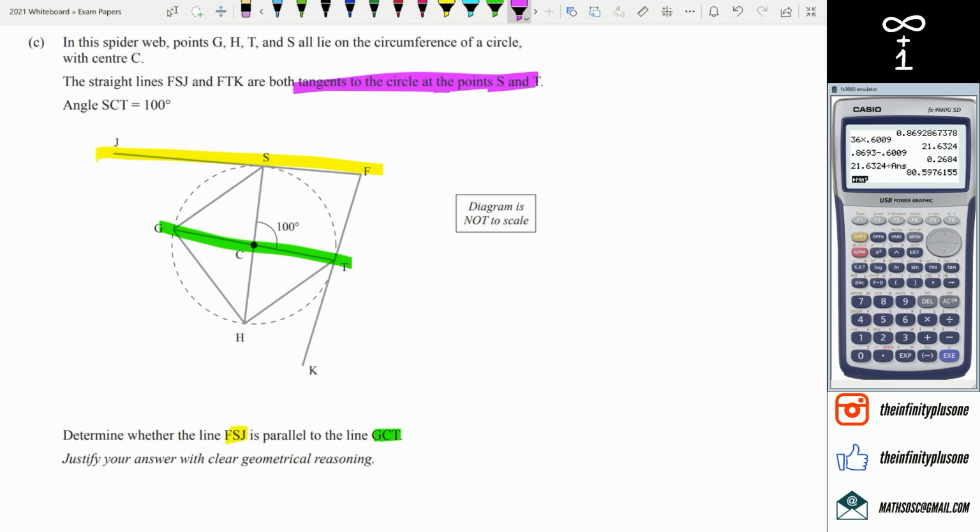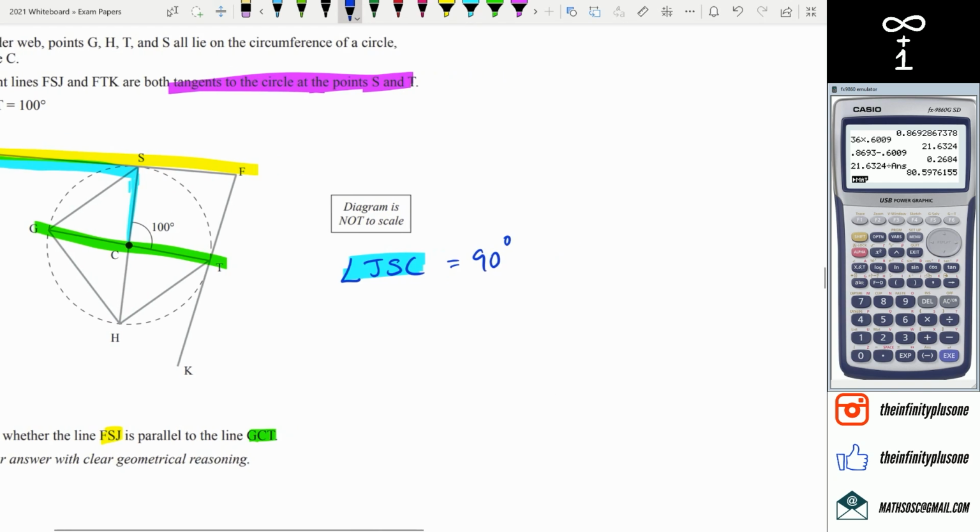Now, one of the rules is that if there's a tangent and a line going to the radius, the angle ends up being 90 degrees. So in other words, we can say that angle JSC, and I'll color it in so you can see where that is, JSC is right there. JSC is equal to 90 degrees.